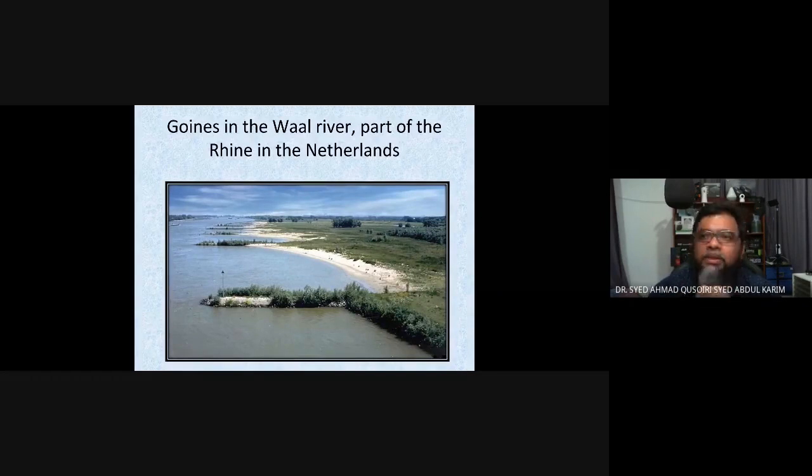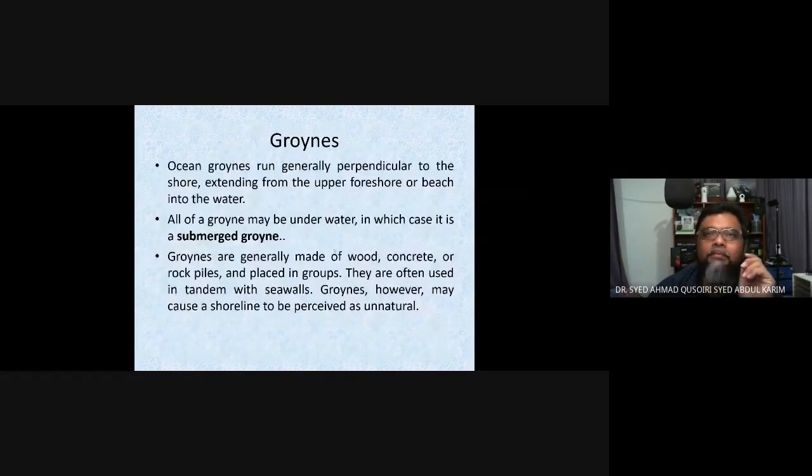And sometimes the entire part of the groins are underwater. So dia nampak pelik sikit. So all of a groin may be underwater, which is in case it is a submerged groin.